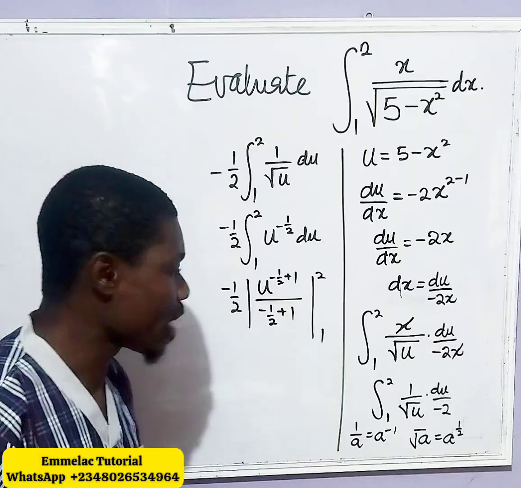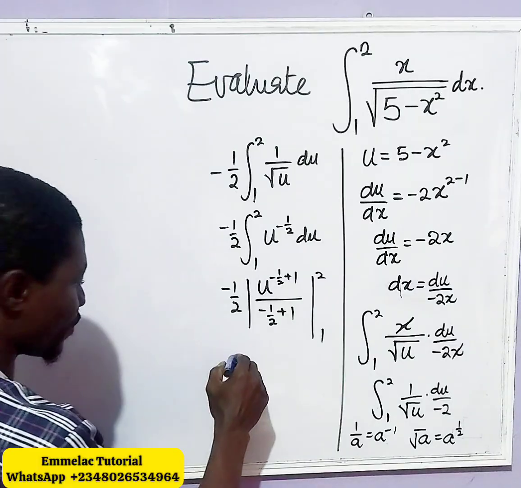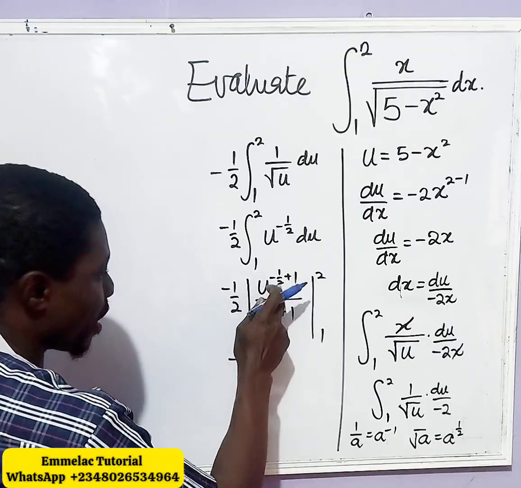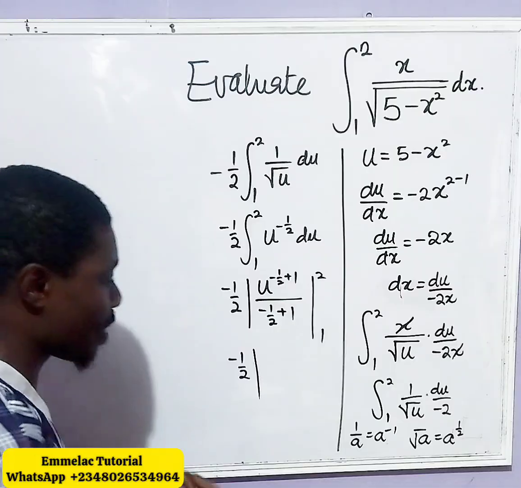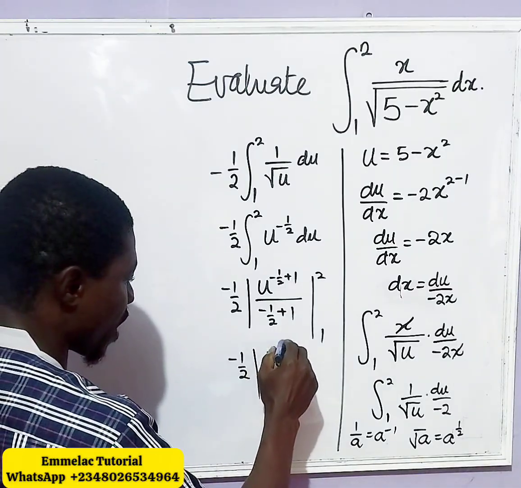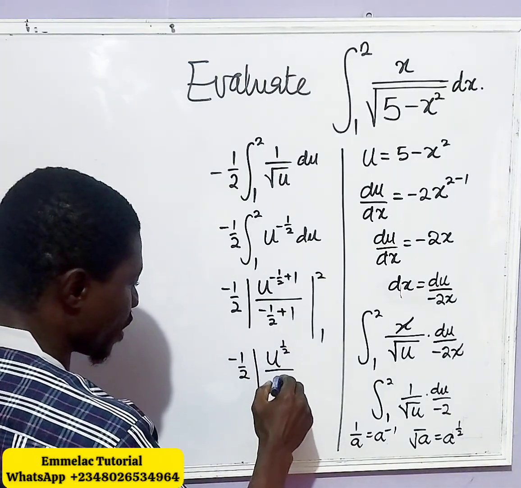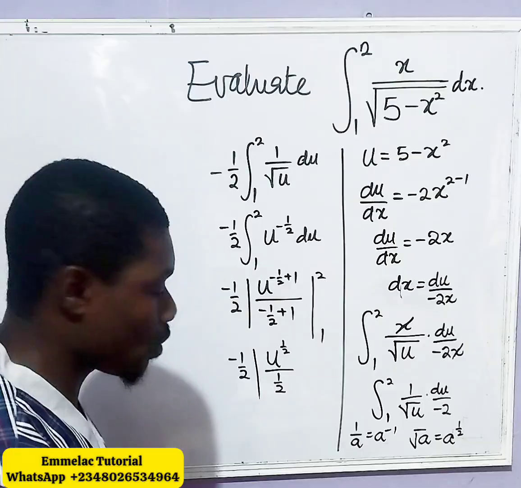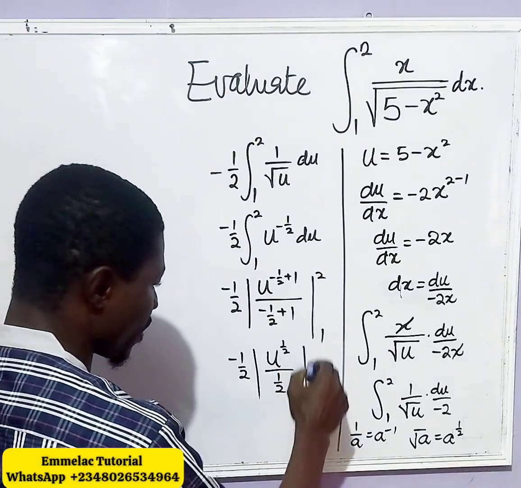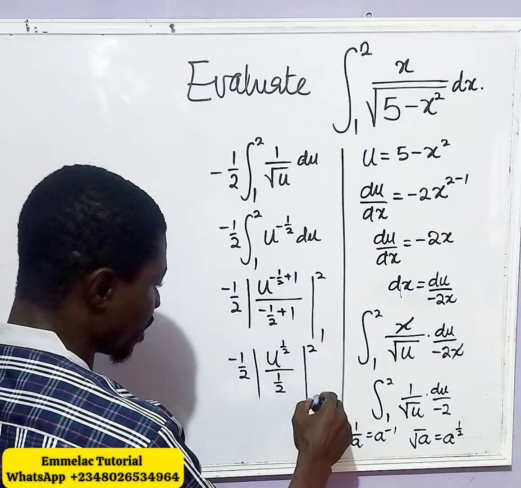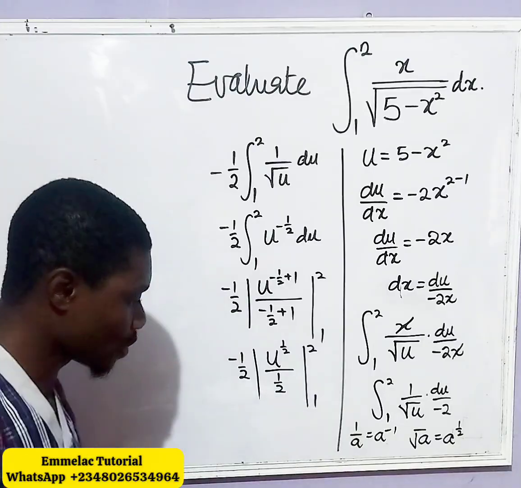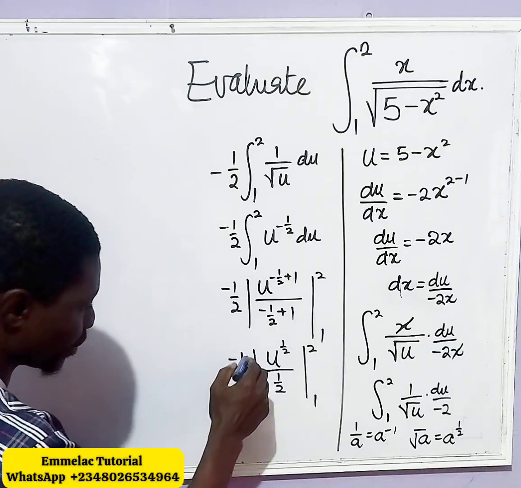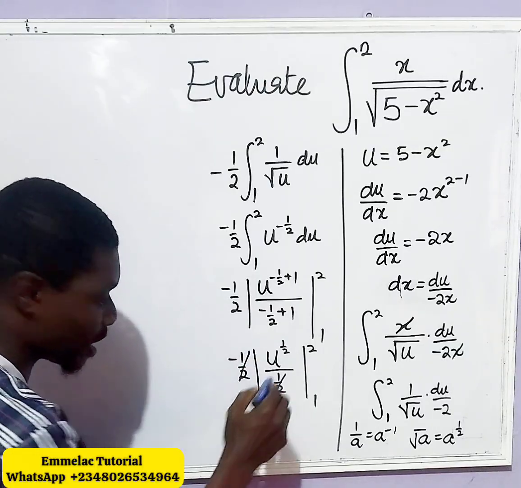Now negative half plus 1 will give us half. So here you have u raised to half, all over half, because negative half plus 1 also gives us half. So here you have 2, then negative 1. So we can actually eliminate these terms.